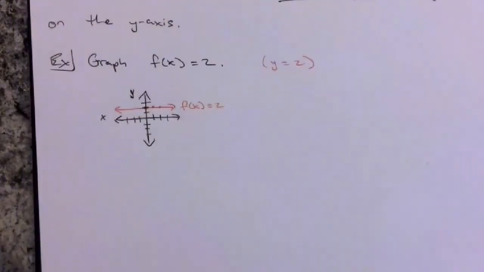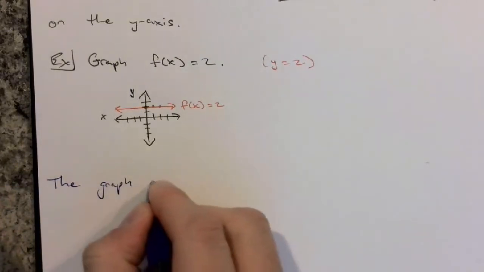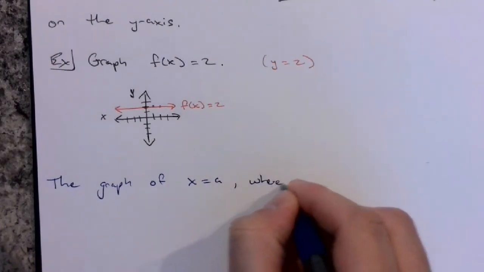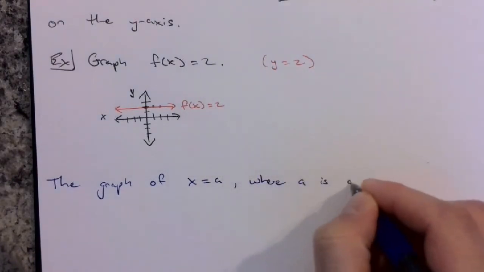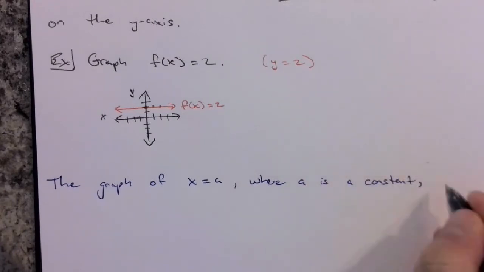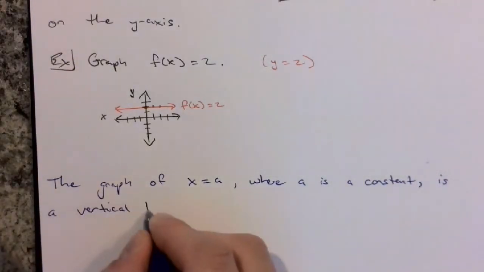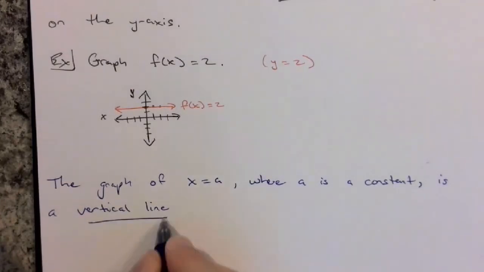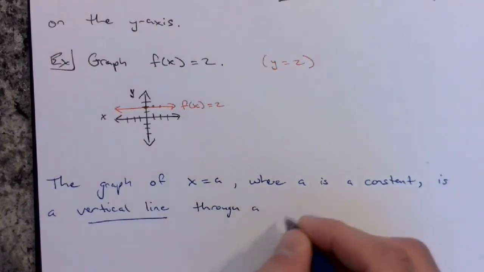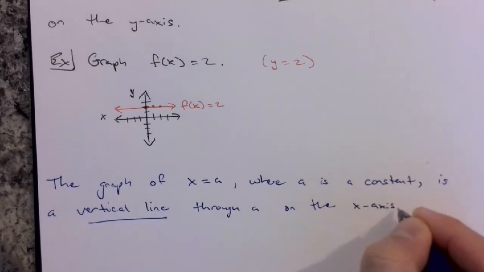Similar but different. The graph of x equals a, where a is a constant, is a vertical line through a on the x-axis.